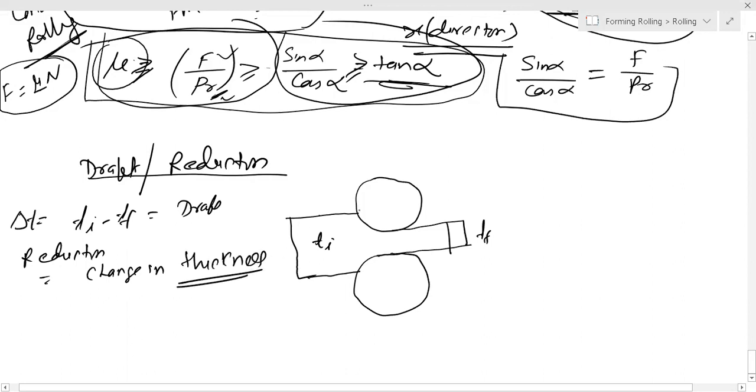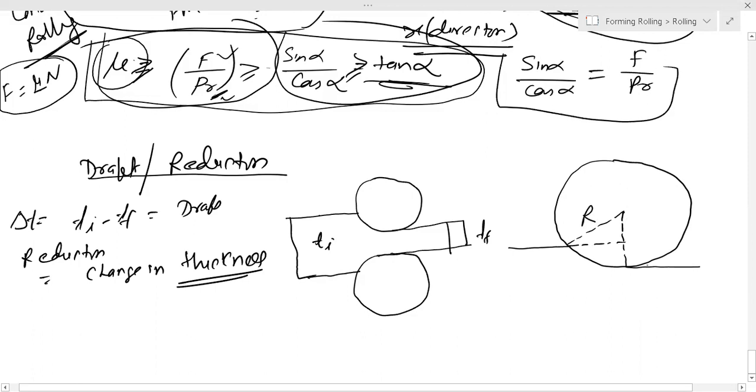So let us understand how to calculate this. This is your R, the radius of the roll.